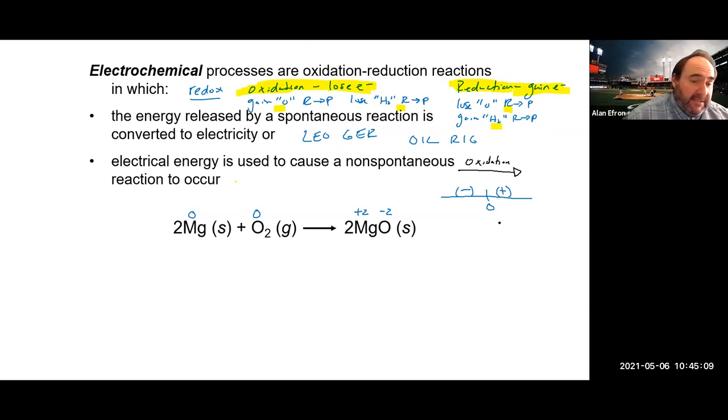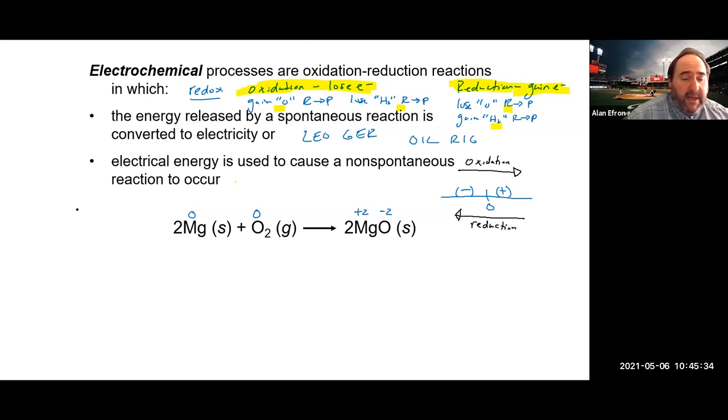When somebody gains electrons, they have gained more negatives than they started with, which means they typically become more negative, which means they would be moving in this direction here, and it would be going through reduction. So that's a very simple way. You could just move across the number line one way or the other, and you could very quickly determine what is being oxidized and what is being reduced.